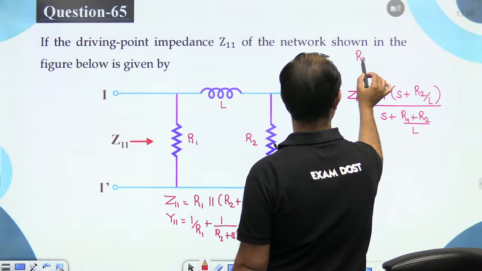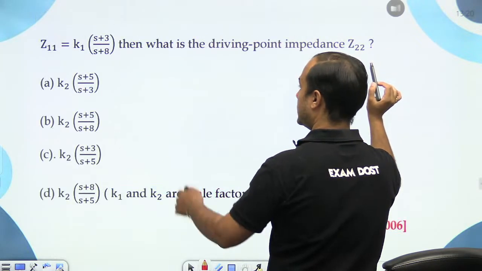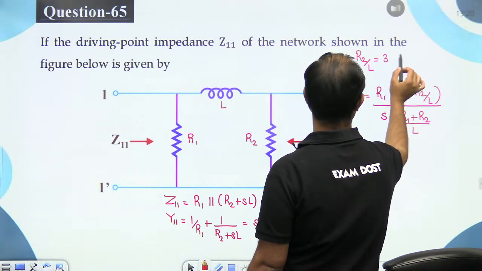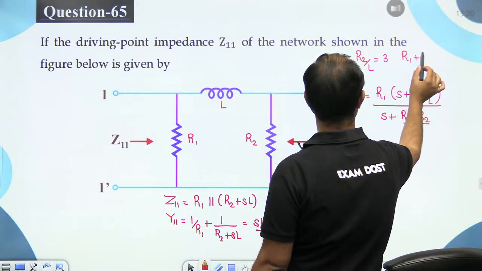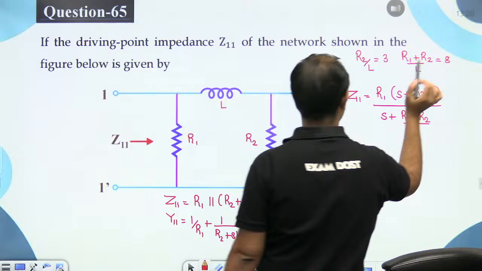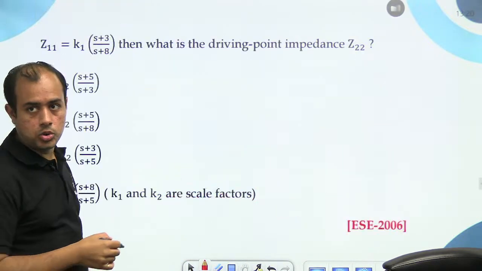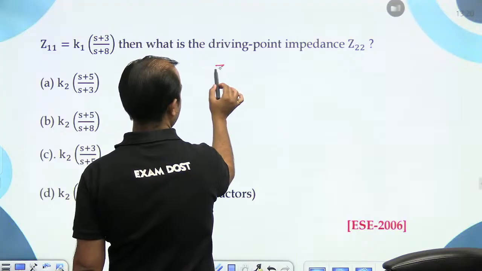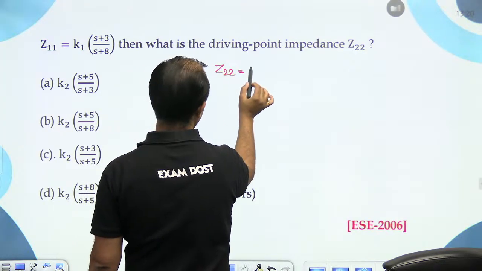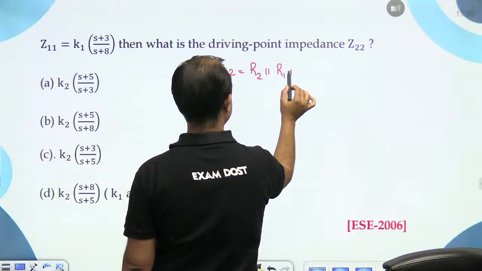So R2 by L is what? 3. R1 plus R2 by L is 8. Okay. Now when you see from the other side Z22, Z22 will be R2 parallel R1 plus SL.